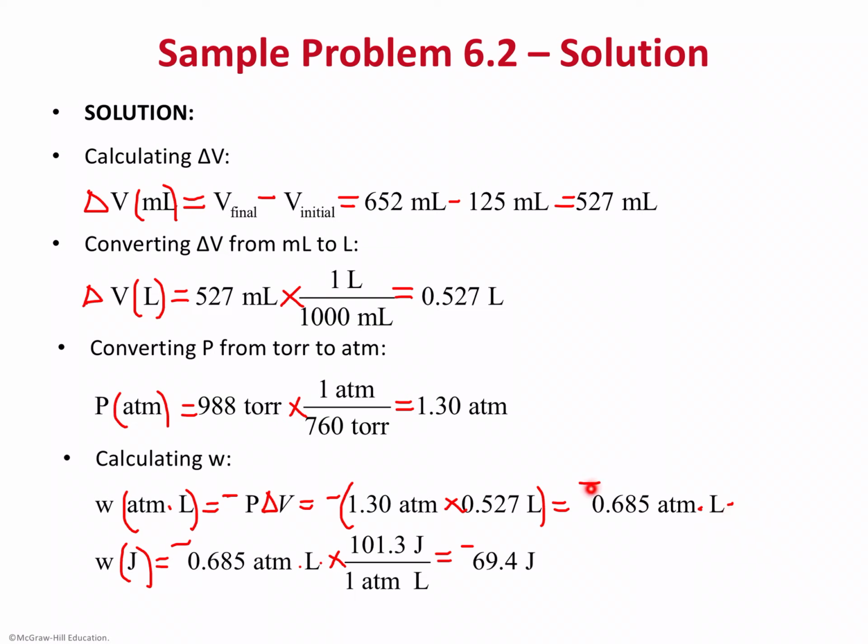But the question asks for the answer in joules. So from W equals negative P delta V you get the answer in atm liters, and then you use the conversion to convert it to joules. You take that negative 0.685 atm liters, and 1 atm liter equals 101.3 joules. So you multiply these two to get joules: negative 69.4.